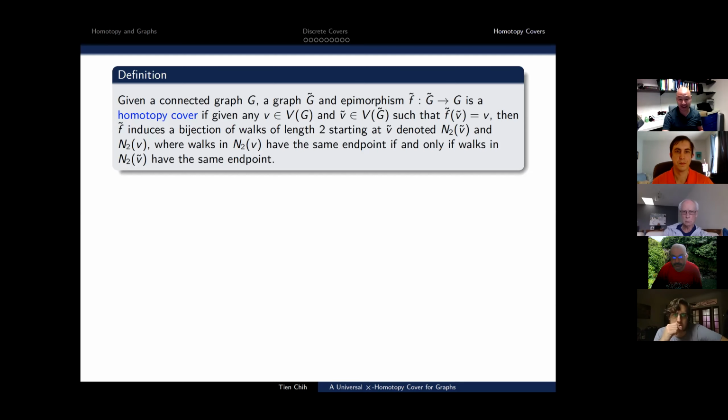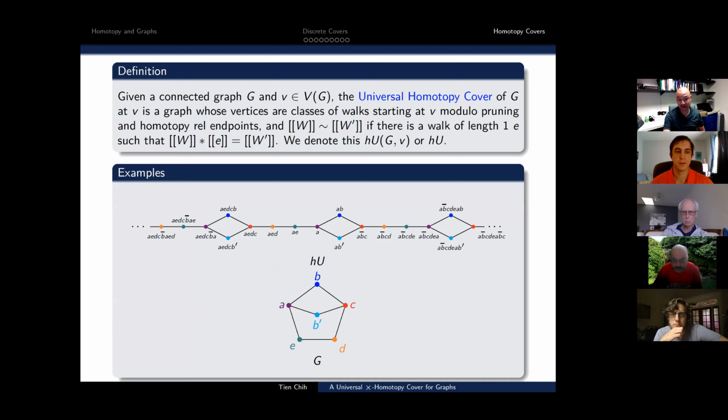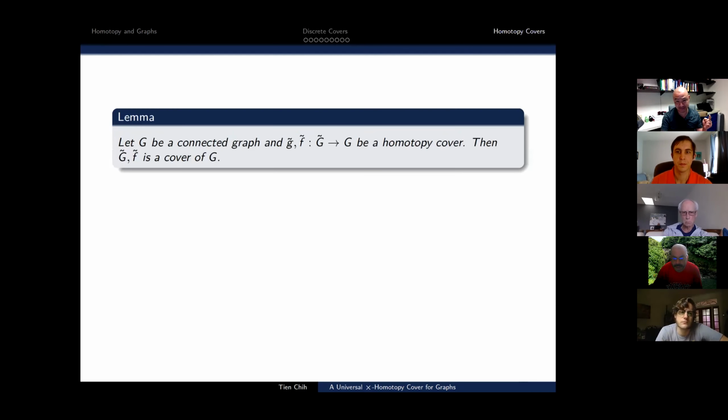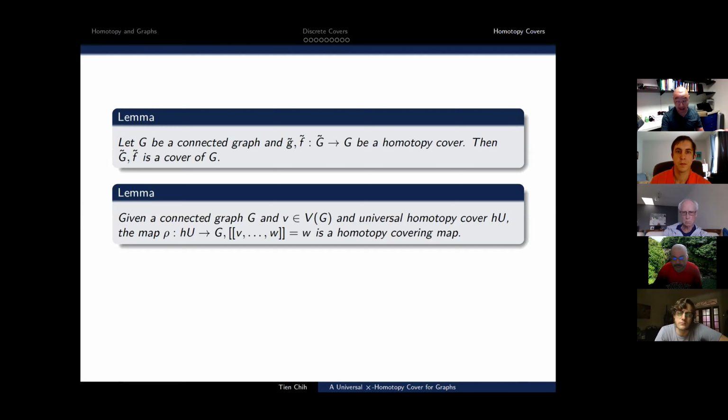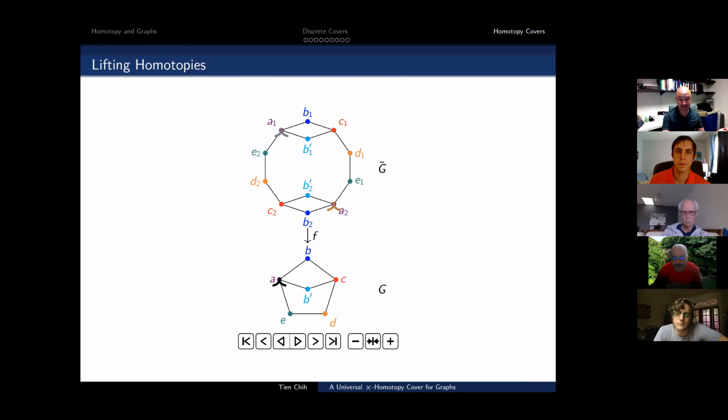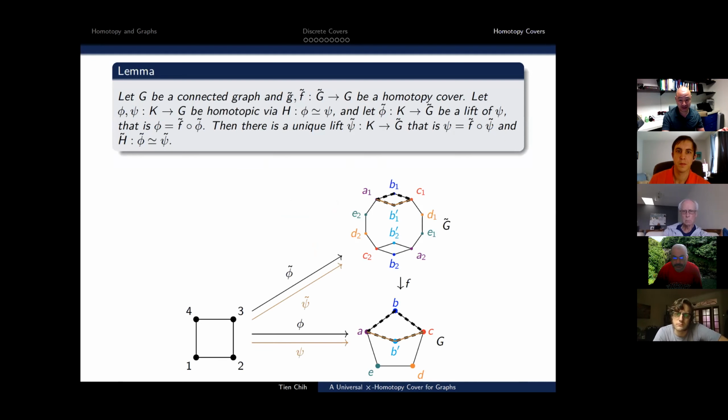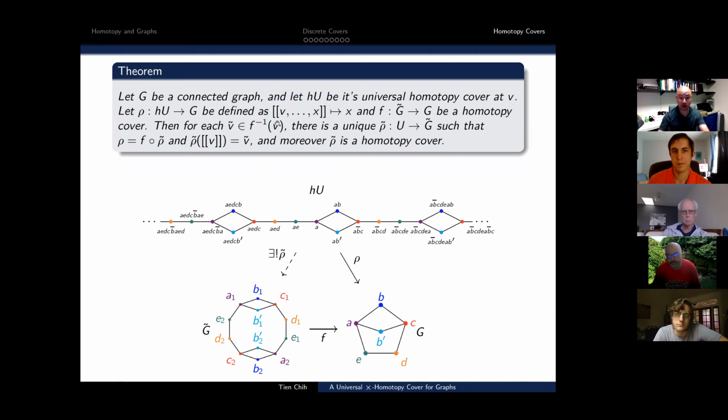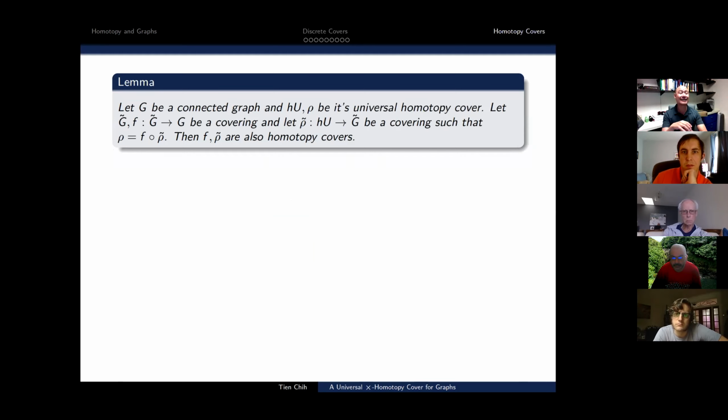If you require that condition, then you can lift your homotopies. That's a necessary and sufficient condition. All of those are also covers in the standard sense. You can lift homotopies of functions. You get a homotopy universal cover, which does everything we dream and hope of. And the fact that it is also a standard cover means we get to recycle a lot of the results that we just did, which is super nice.